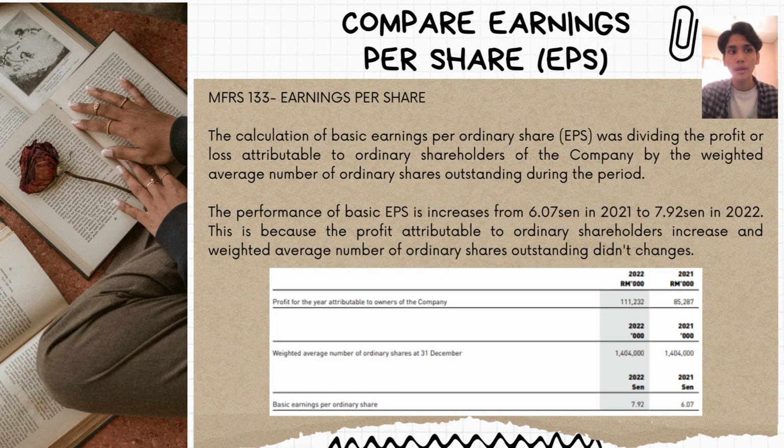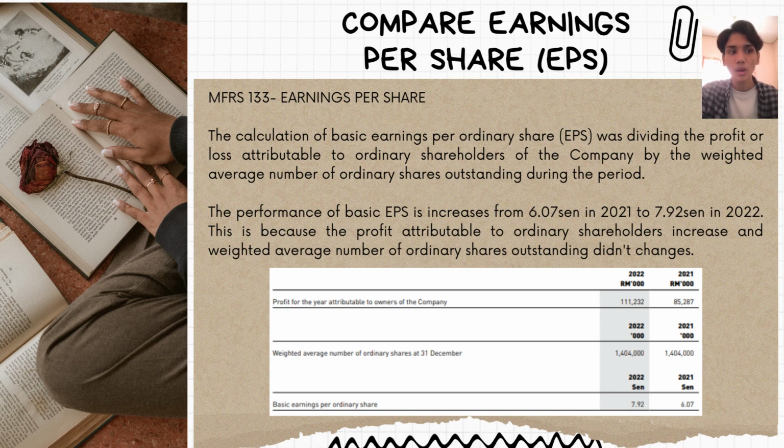Lastly, compare the earning per share under MFRS 133. The calculation of basic EPS was dividing the profit or loss attributable to ordinary shareholders of the company by the weighted average number of ordinary shares outstanding during the period.